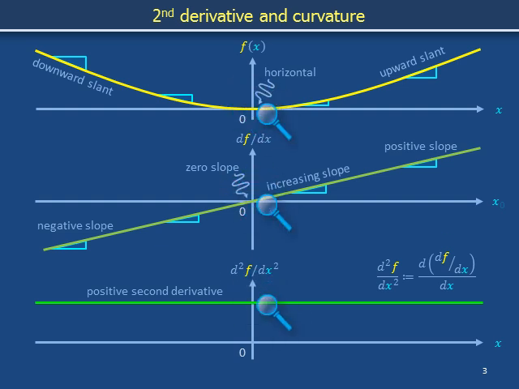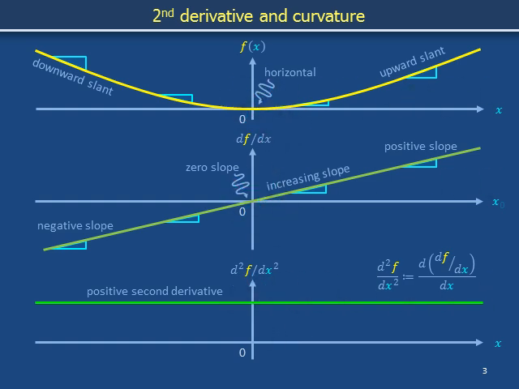While d squared f dx squared is likewise positive everywhere else, it is important to pay particular attention to this position, x equals 0, to observe that a second derivative can be positive even when the first derivative and the underlying function are both 0.